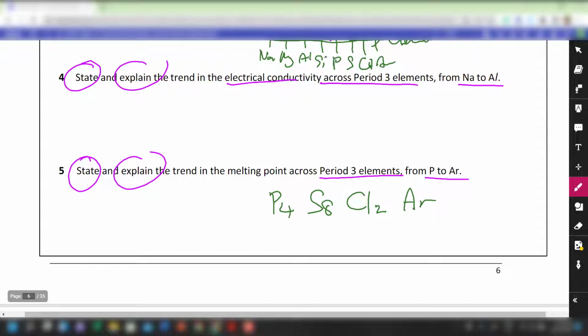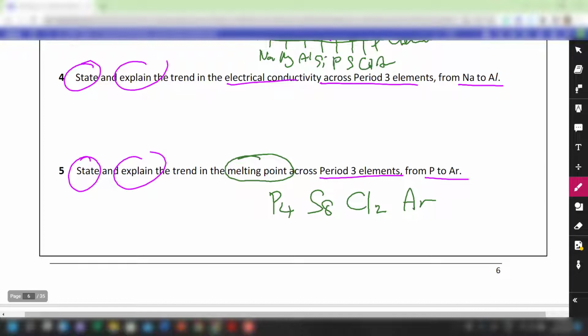Okay, so first of all, we need to identify the key intermolecular forces of attraction when we are discussing melting points. These are simple covalent molecules, or for argon it will be monoatomic.